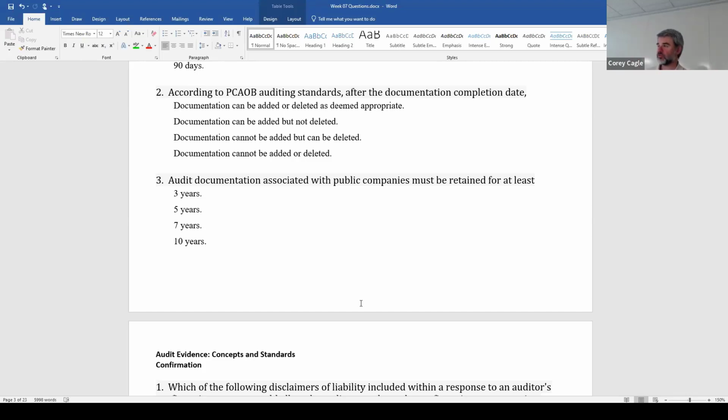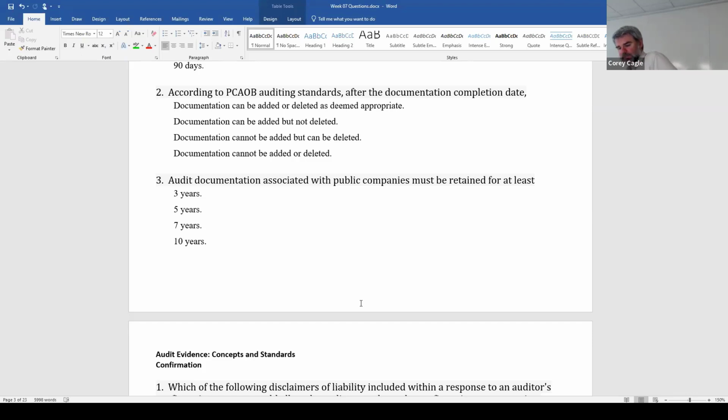Confirmations. These are easy. This is something that is just kind of easy to think about and visualize and actually do in real life. So confirmation is an audit procedure. It's an inquiry of a third party. We're asking a third party about balances, things like that.